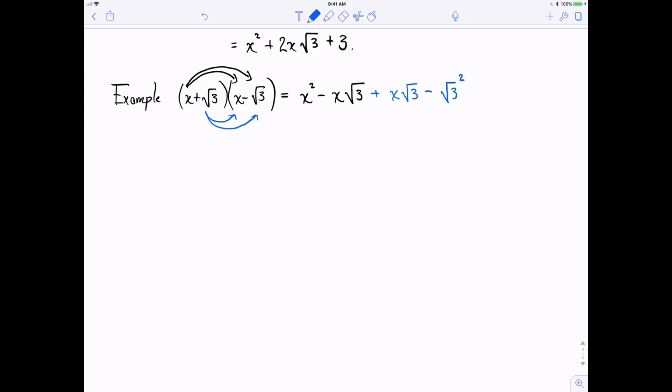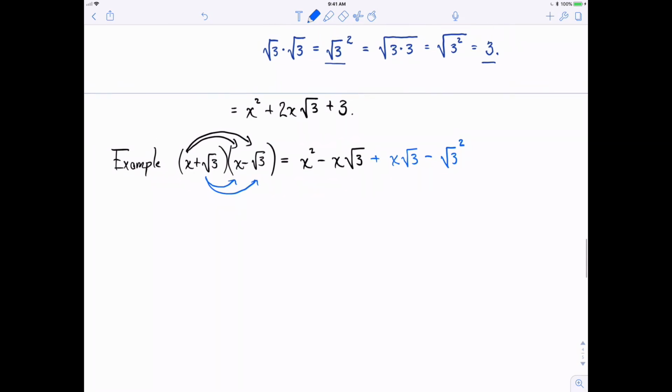squared. Whoa. Well, I'm going to bring our screen down a moment because look at this. In the middle, these are like terms, but they're also opposite like terms. Opposite means 3 plus negative 3. Those are opposites, meaning one is positive, one is negative. So the result of adding opposites always adds to 0.